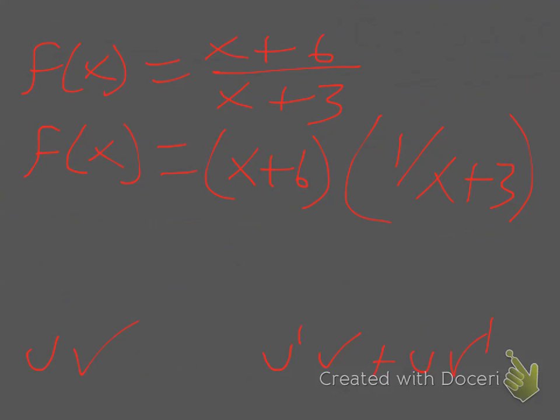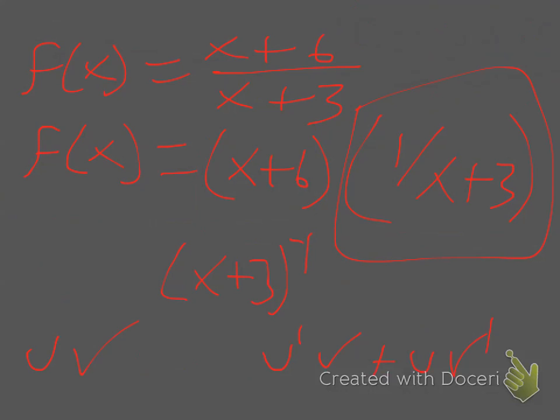So you take the derivative of the first multiplied by the second, plus the first multiplied by the derivative of the second. The problem is we can't find the derivative of the second. We don't know how to find the derivative of x plus 3 to the negative 1.